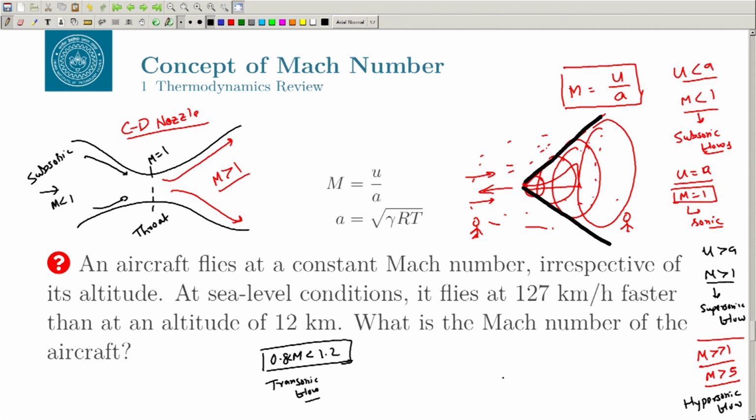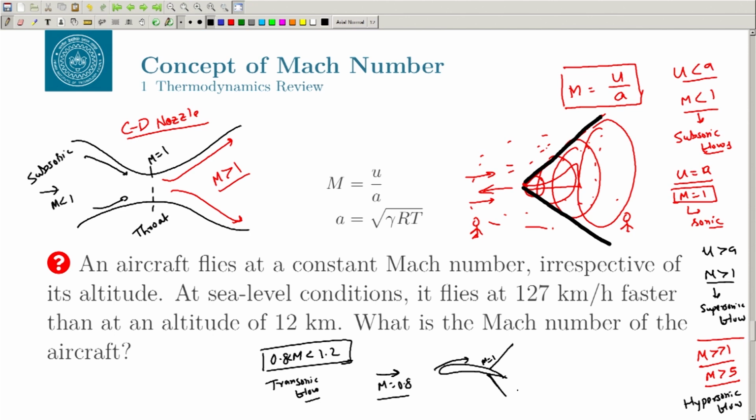Let us say you have a wing or an aerofoil, and you started with a Mach number of 0.8. The flow accelerates here, and at a certain point it may reach a Mach number equal to 1, and then you can get a shock here. It is not compulsory, but it may happen if the flow reaches Mach 1.